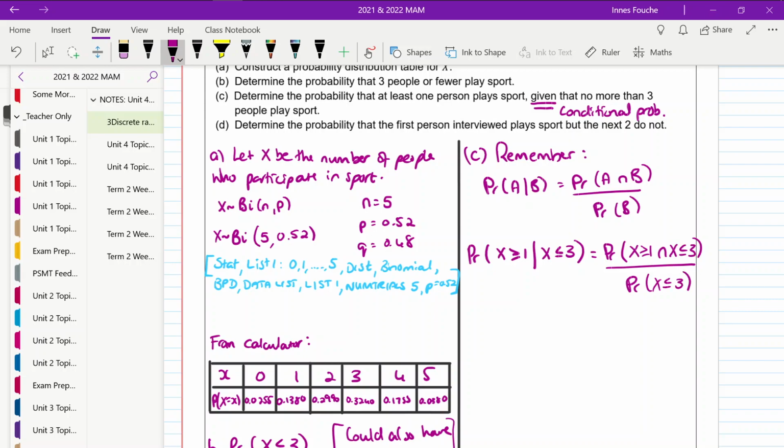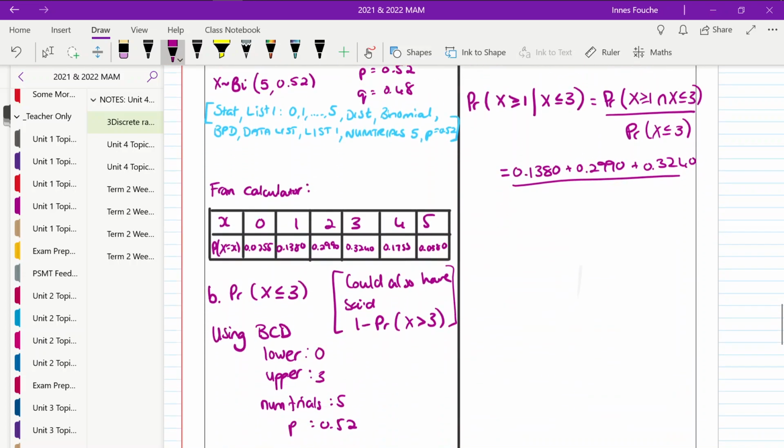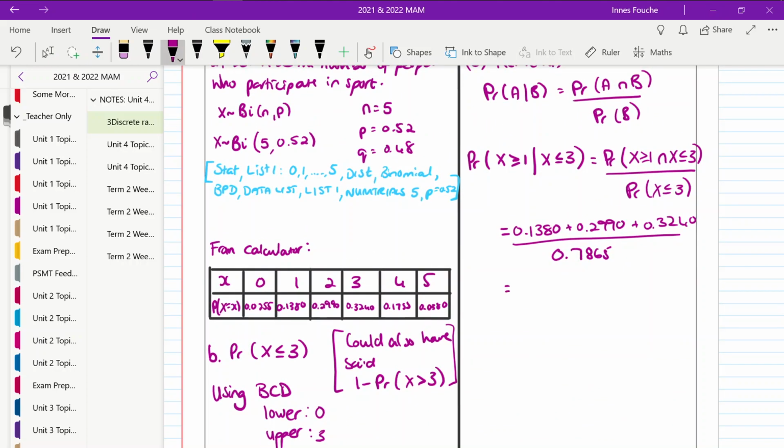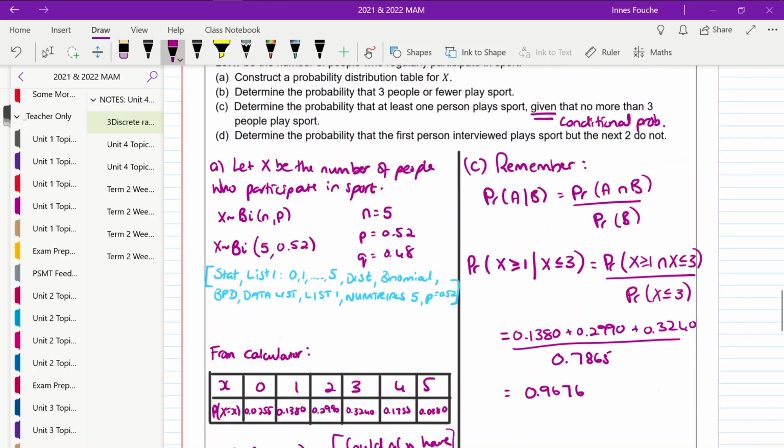Okay, so what I'm actually then interested in is 0.1380 plus 0.2990 plus 0.3240 over, and we calculated that earlier, 0.7865, and that gives me a value of 0.9676.